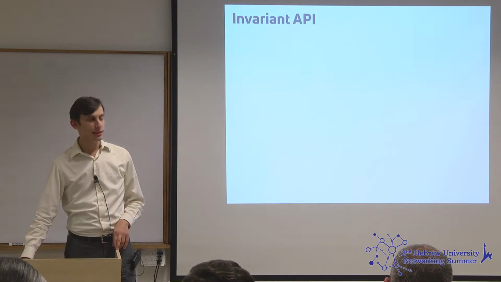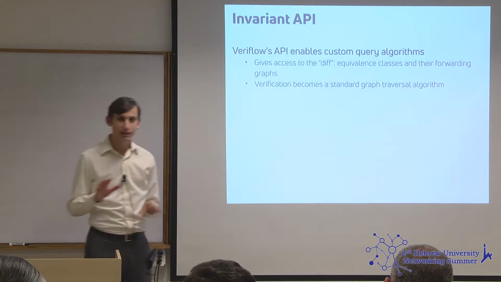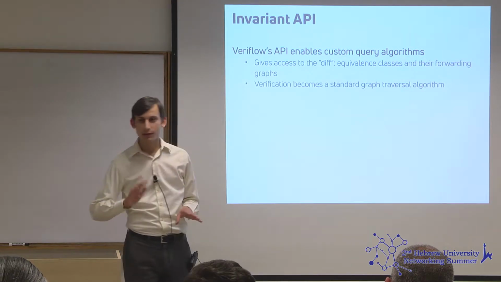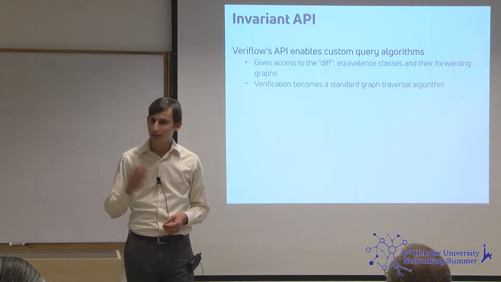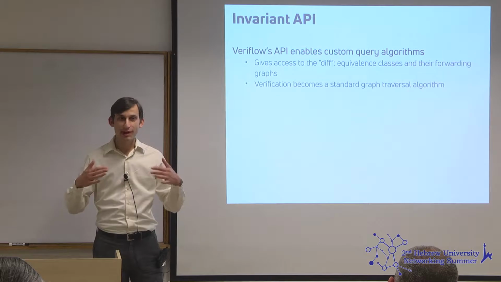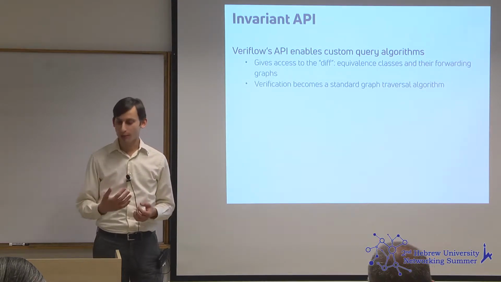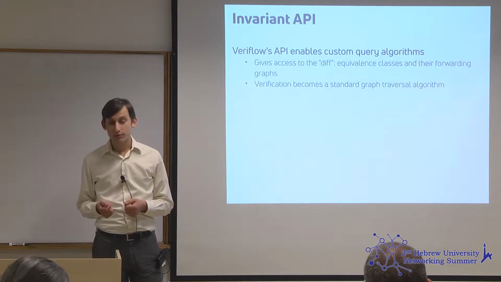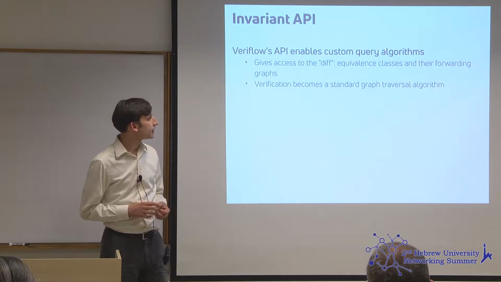So let's talk about how you express properties. What we did was actually say, okay, we're not going to worry about a language to express the properties. It's going to be APIs. So this is providing an API access to a graph model of the network. And if you care about some property, you have to write a graph traversal algorithm that computes it.